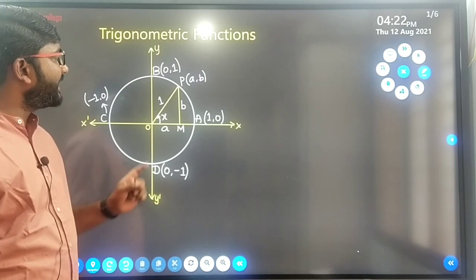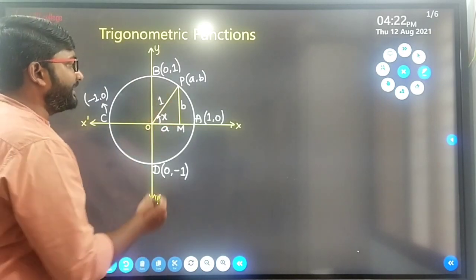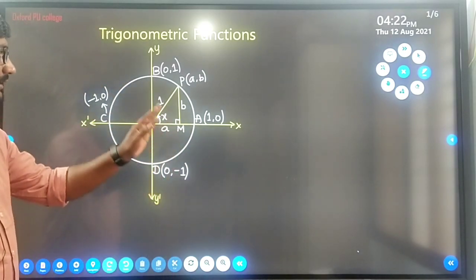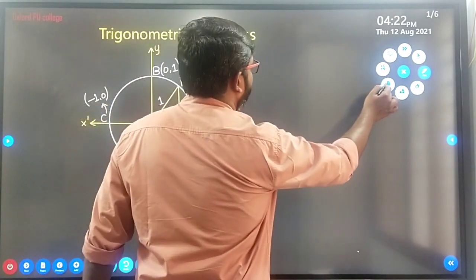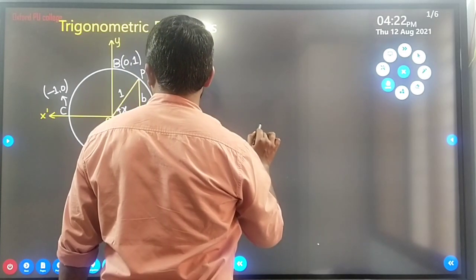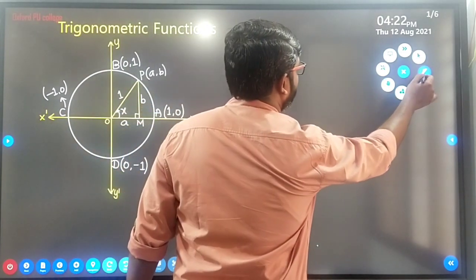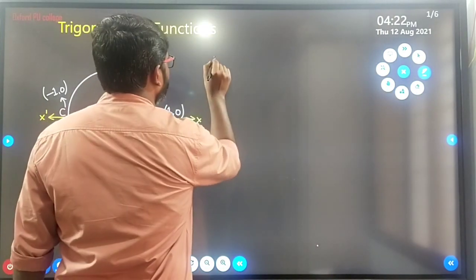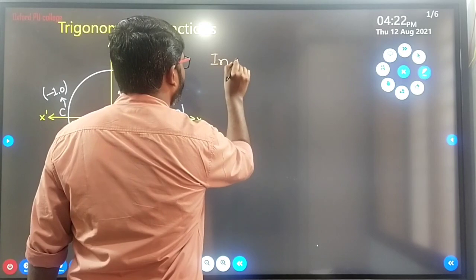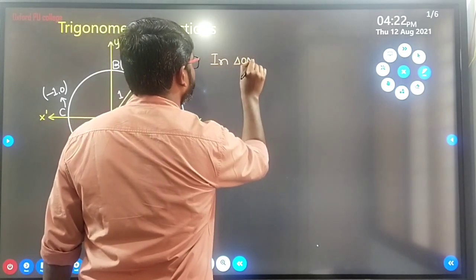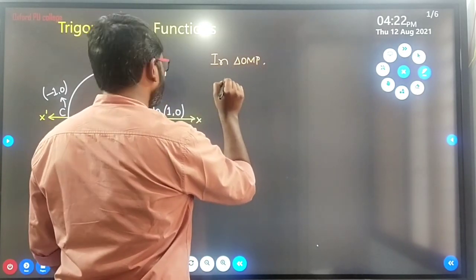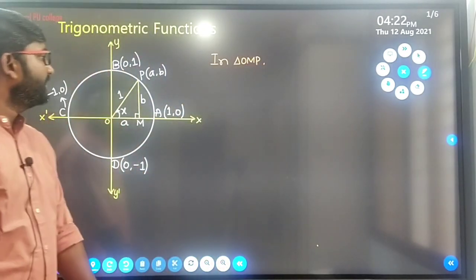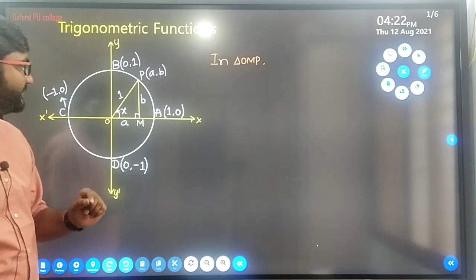Now I'll consider the triangle OMP. It is right angled at M. Let us consider the triangle OMP. In triangle OMP, get the value of sin x and cos x.